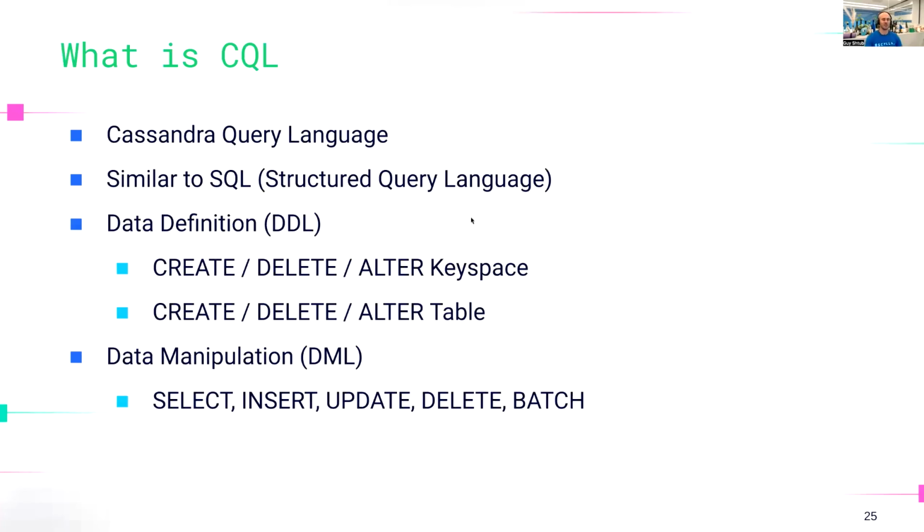It stands for Cassandra Query Language. You have different DDL or data definition queries, as you would imagine: create, delete, alter, select, insert, update, and so on. However, there are some differences. That's a bit more advanced, but maybe I'll have time to talk about the differences.